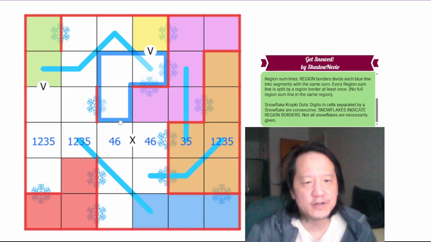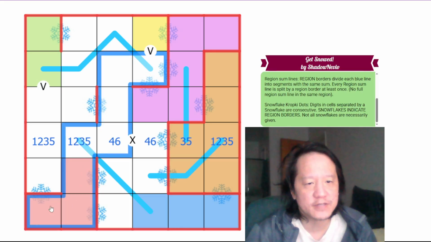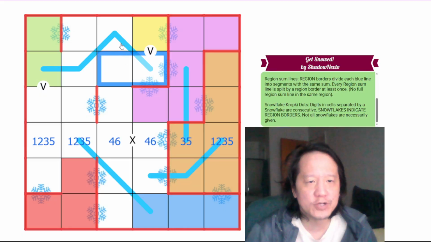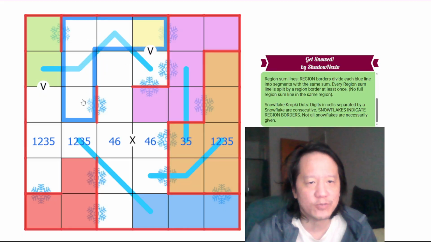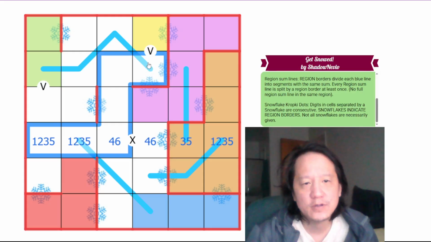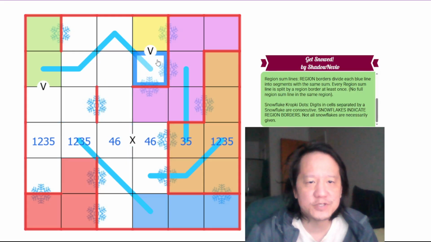So if we try to have it as red, it's too many cells, right? 1, 2, 3, 4, 5, 6, 7, 8. If we try to have it as blue, it's too many cells. 1, 2, 3, 4, 5, 6, 7, 8, and 9. If we try to have it as green, yellow has to go out somewhere. And it would be blocking the green from getting there. So this is not possible. And it would be too many cells. So this has to be yellow. So this is yellow and yellow.